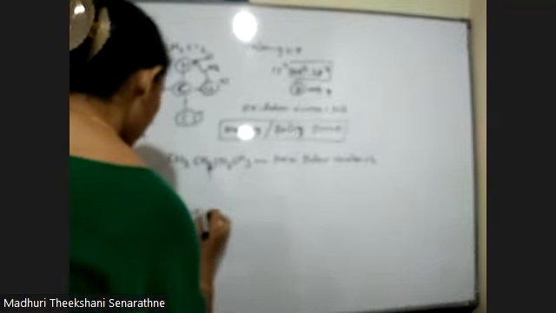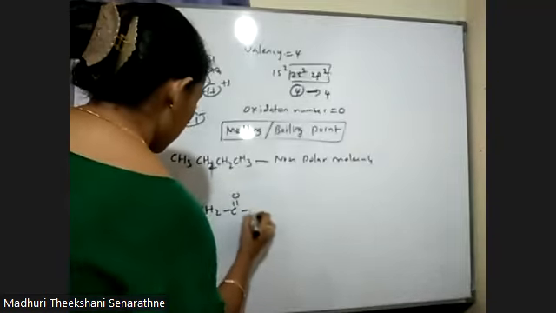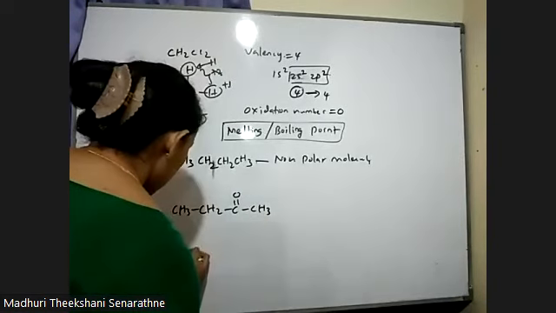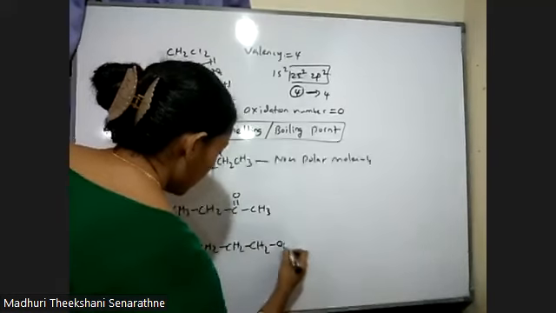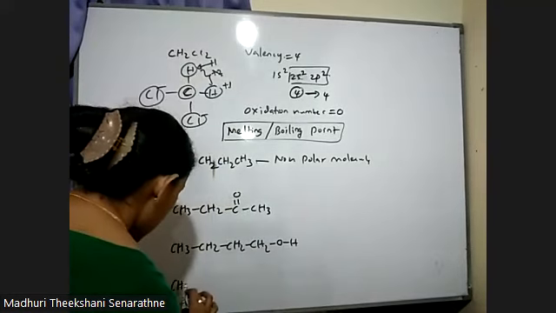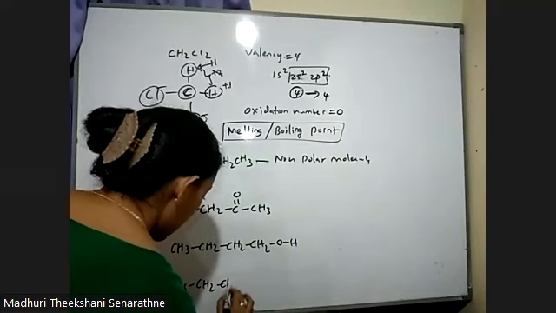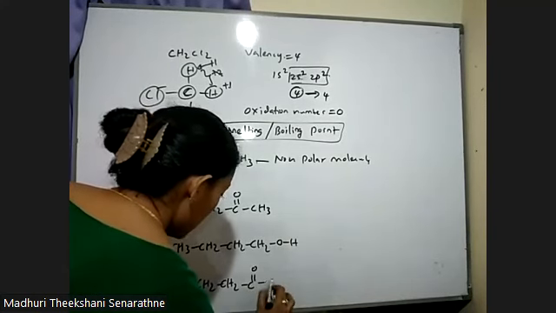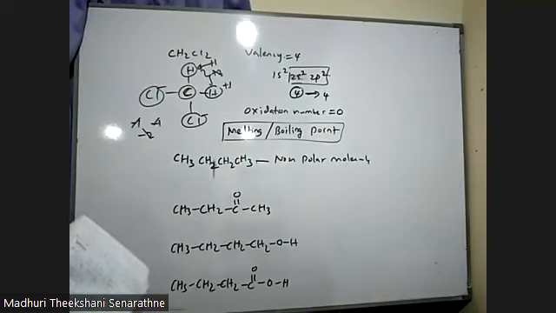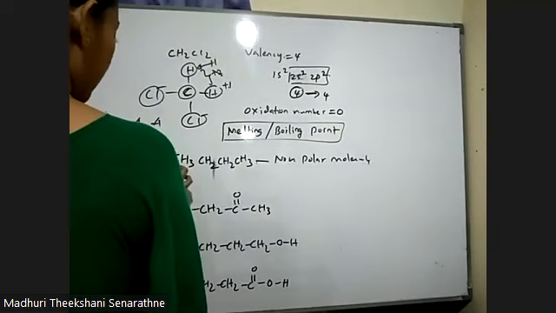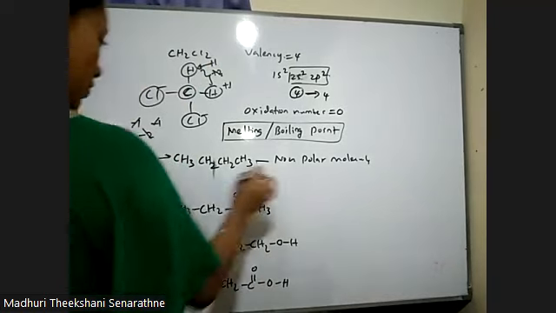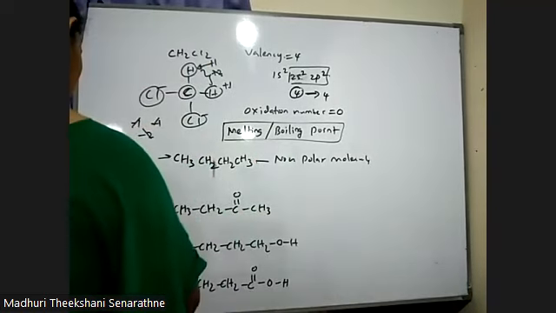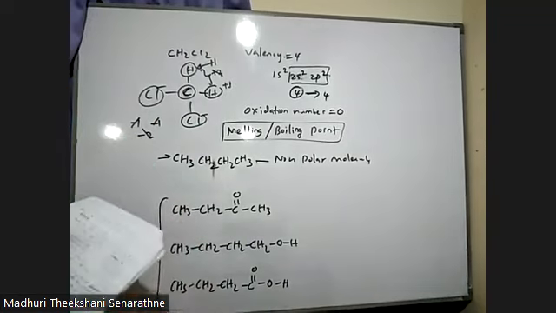CH3CH2COCH3, CH3CH2CH2CH2OH, CH3CH2CH2COOH. Okay, you can see only this one is a non-polar molecule and those are the polar molecules.